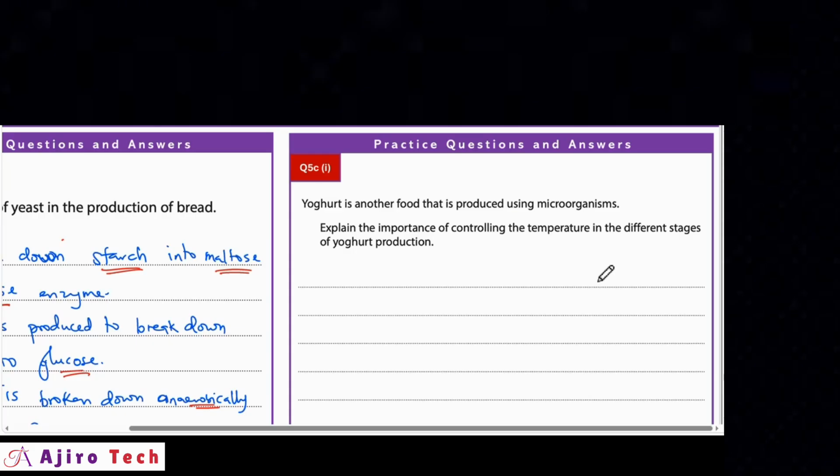Pasteurization is partially exposing milk to heat to destroy bacteria and other microorganisms. The milk is heated for a very short period of time at about 70 to 95 degrees, around 3 to 5 minutes.